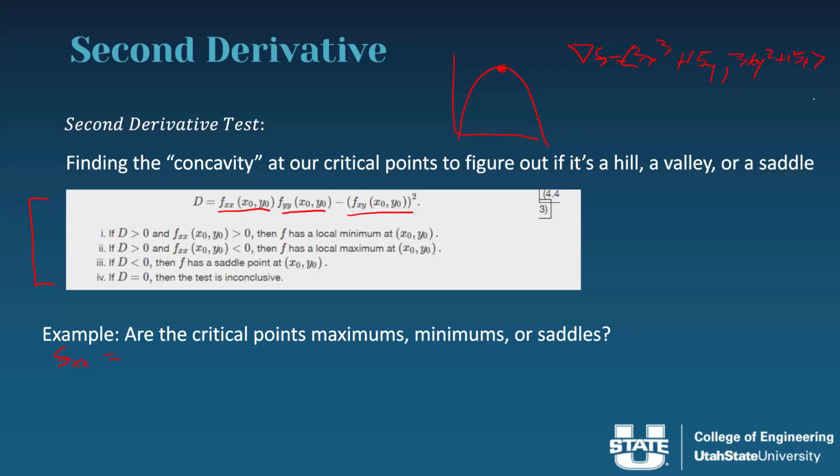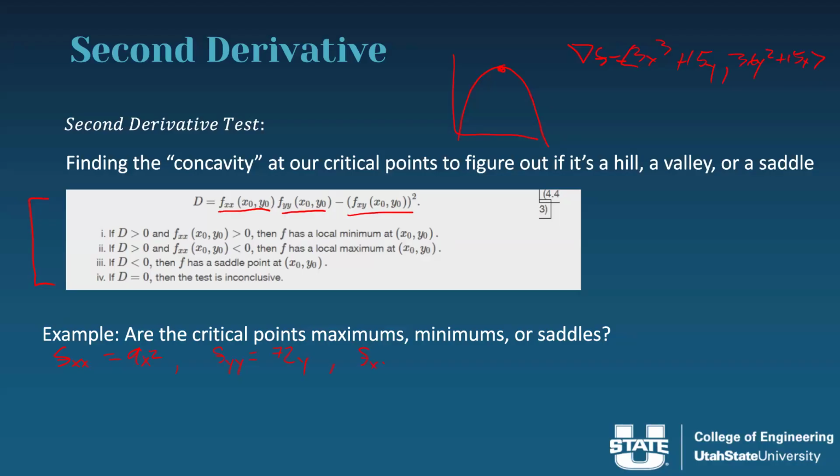So our second derivative in terms of x is going to be 9x squared, and our second derivative in terms of y is going to be 72y. Making sure I did it right.